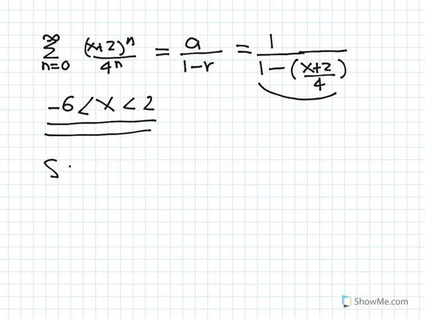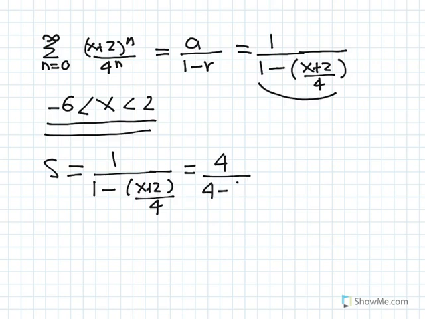So the sum is going to be 1 over 1 minus (x plus 2) divided by 4. Let's simplify this by multiplying the numerator and denominator by 4 over 4. So we get 4 divided by 4 minus (x plus 2). So we get 4 in the numerator divided by 4 minus 2 is 2 minus x.